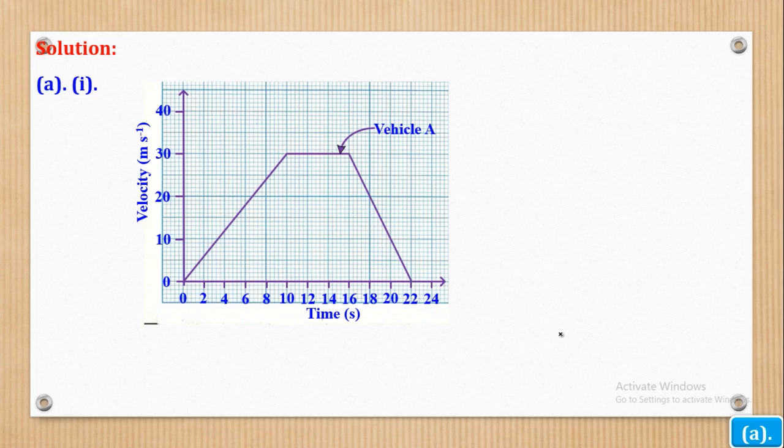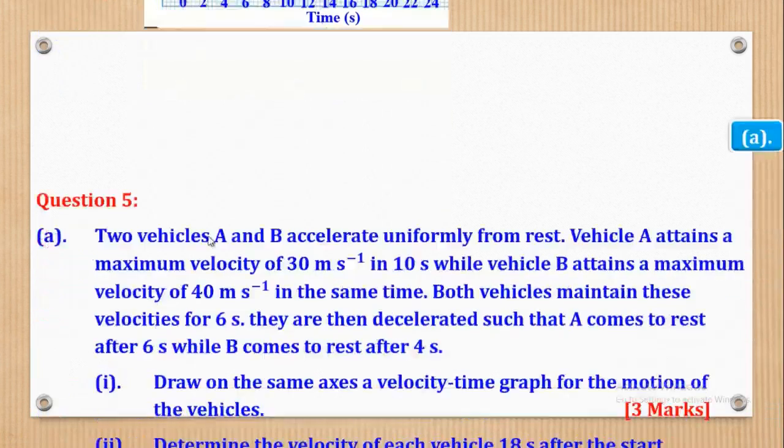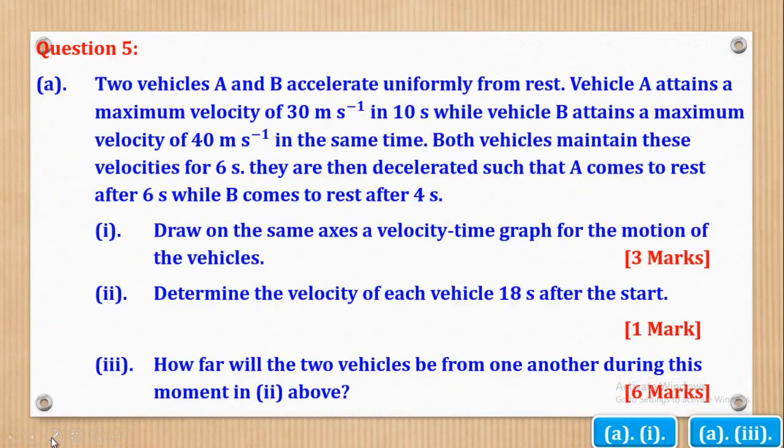What about for vehicle B? For vehicle B, they told us it started from rest and accelerated uniformly until it obtained a maximum velocity of 40 meters per second in the same time, which means in 10 seconds.